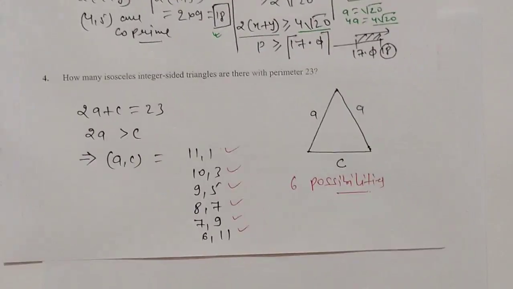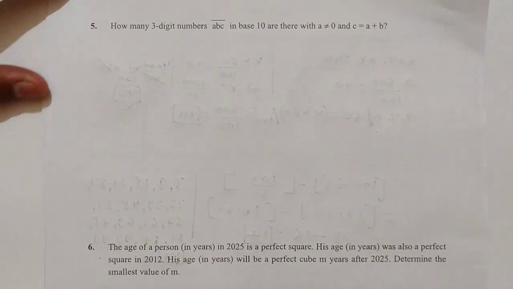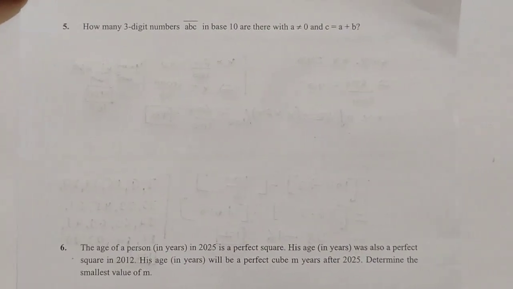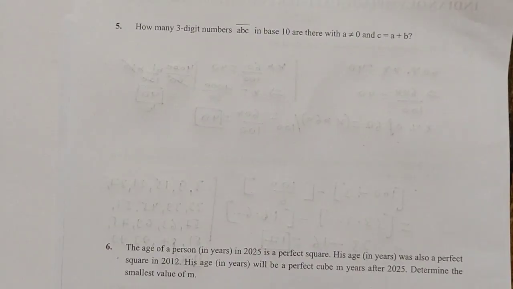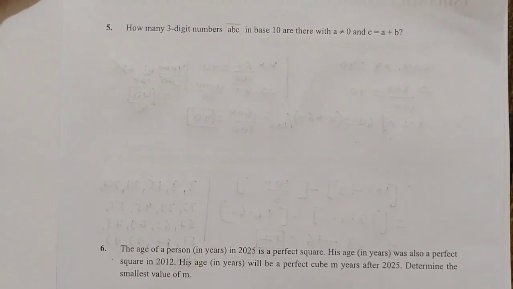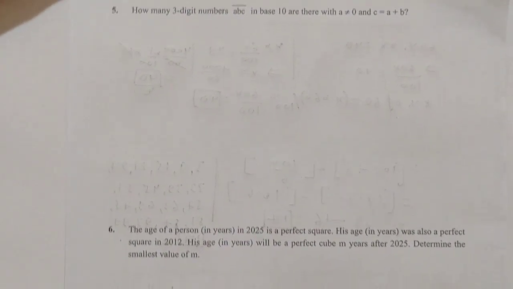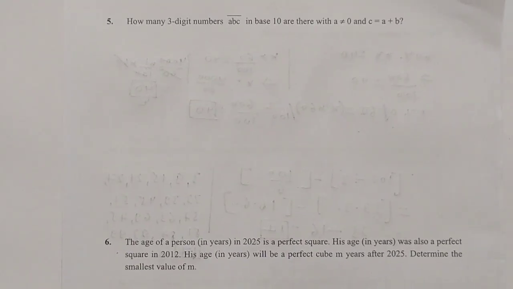Now we have problem number 5 here, like how many 3 digit numbers ABC in base 10 are there with A not equal to 0.